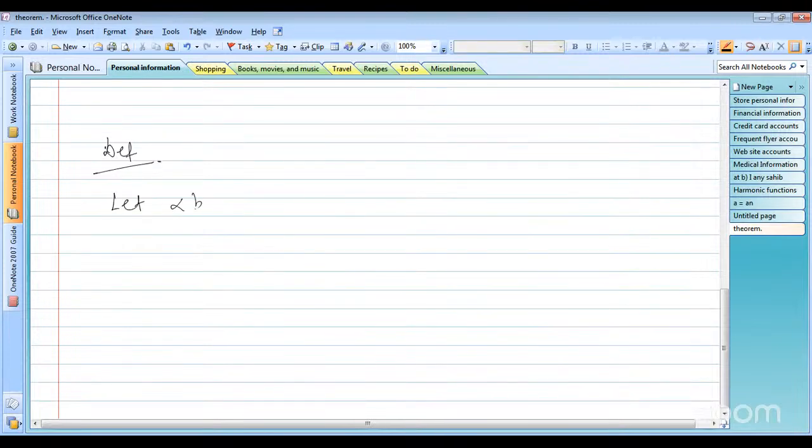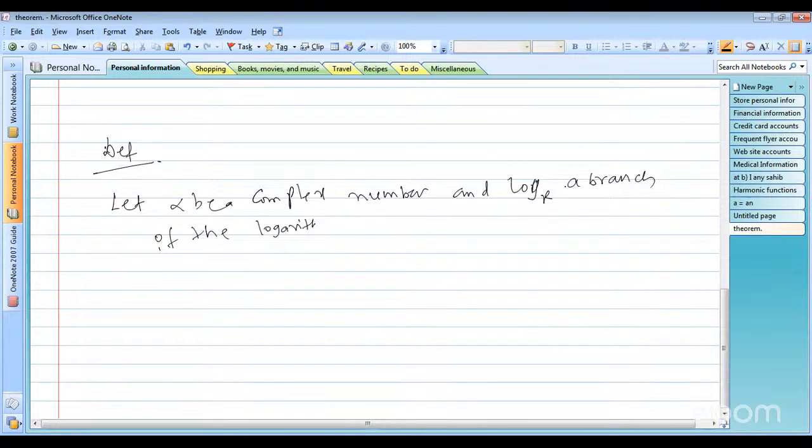Let alpha be a complex number and log R a branch of the logarithm associated with the fundamental region R. So in this R, let alpha be a complex number.